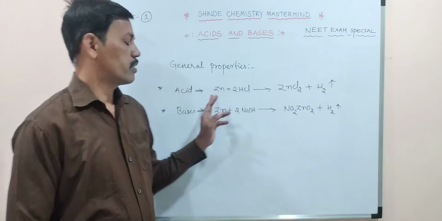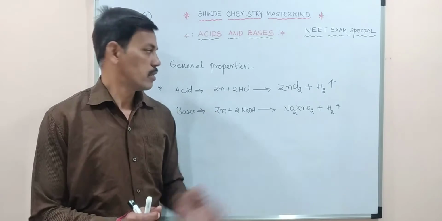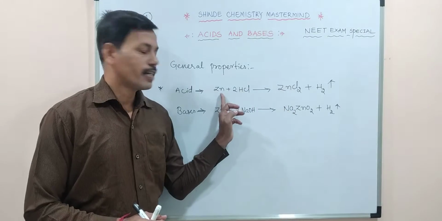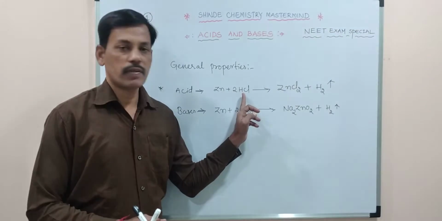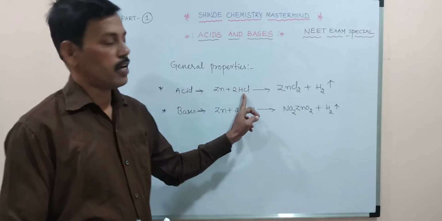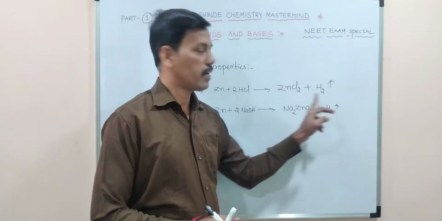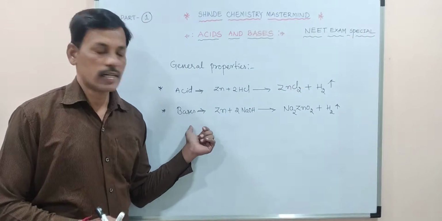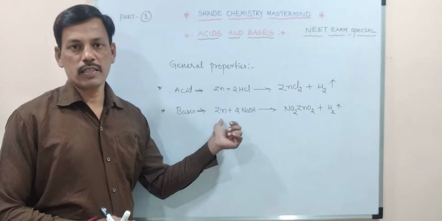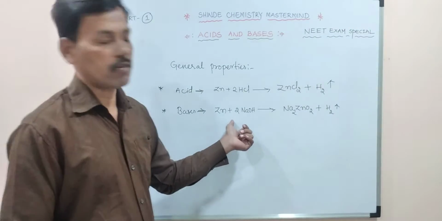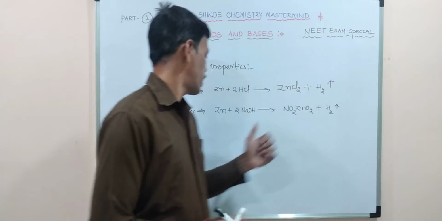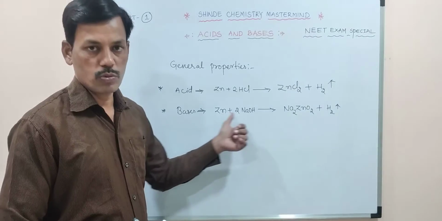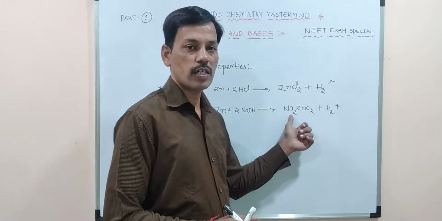Now, when acids react with metals, for example zinc, it reacts with hydrochloric acid and forms zinc chloride and liberates hydrogen gas. Bases also react with metals: zinc reacts with sodium hydroxide and forms sodium zincate.